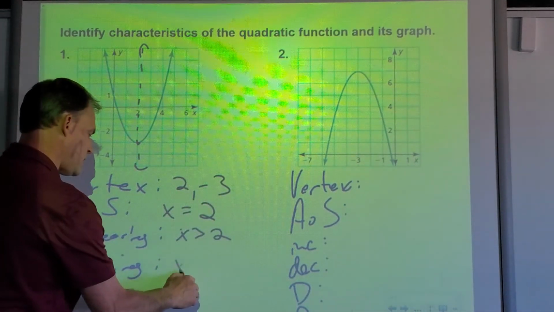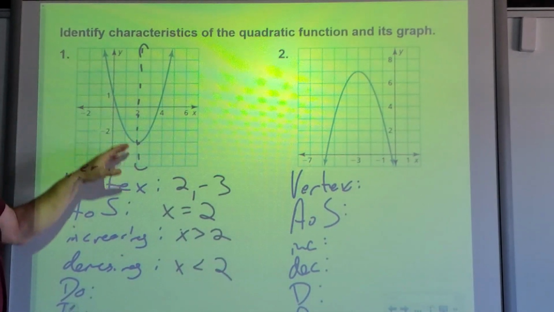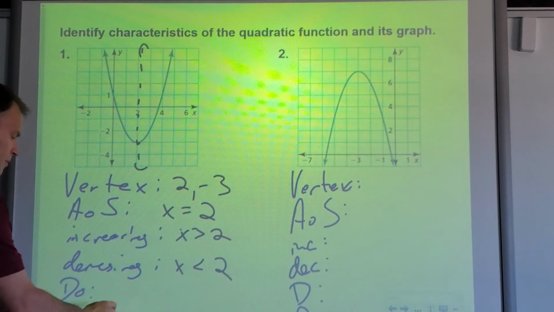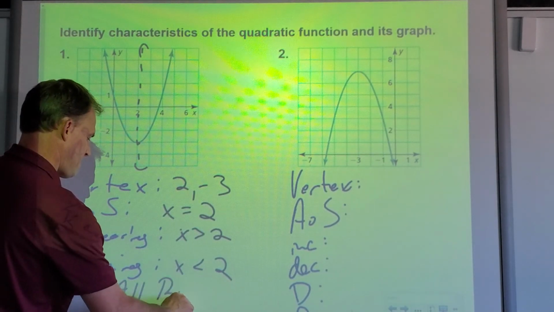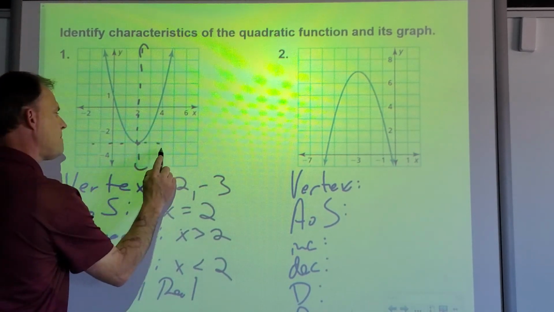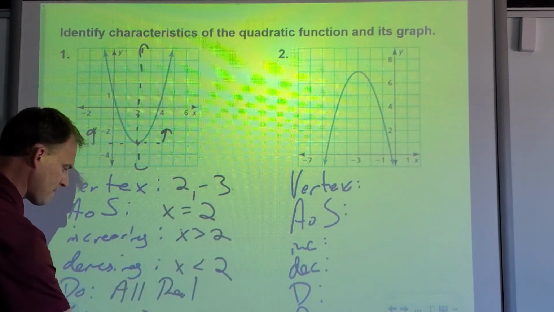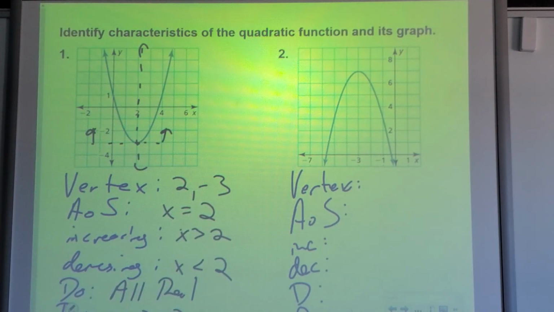It's decreasing less than the vertex. Okay, the vertex is that pivot point. What's the domain? Always going to be all reals. What's the range? So here's the bottom. It's going up above that, greater than or equal to -3.